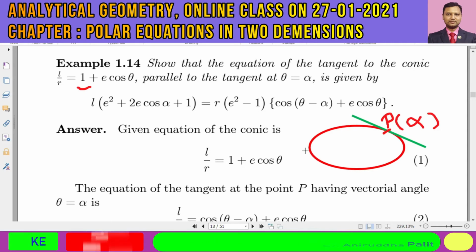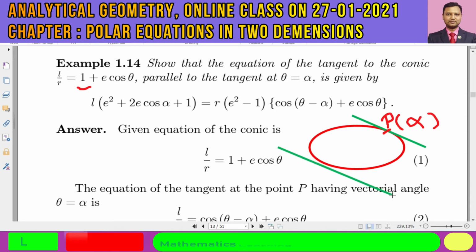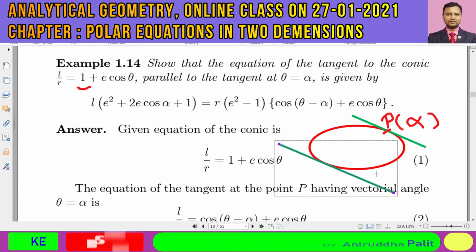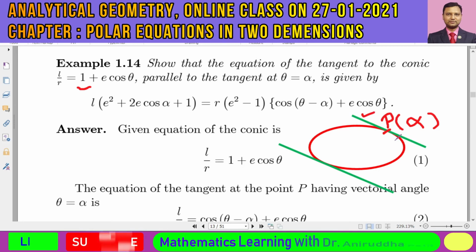And we need to determine the equation of another tangent like this, which would be parallel to the tangent at theta equals alpha.